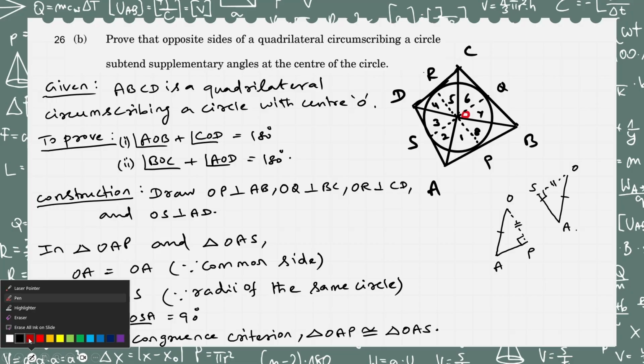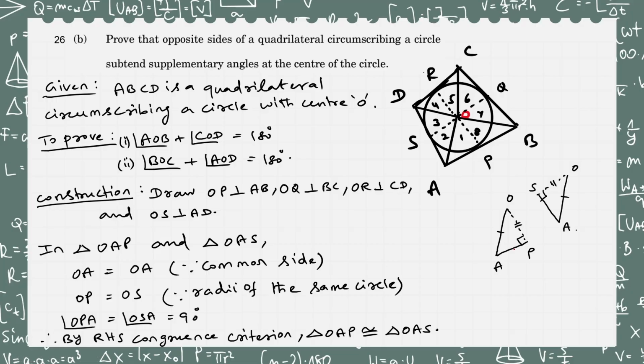Because of the congruence, the other side, which is AP and AS, they both become equal to each other. And one more thing is the angle at O. See, O is in the corresponding position, right? Angle at O in triangle OAP and angle at O in triangle OAS both are equal to each other.